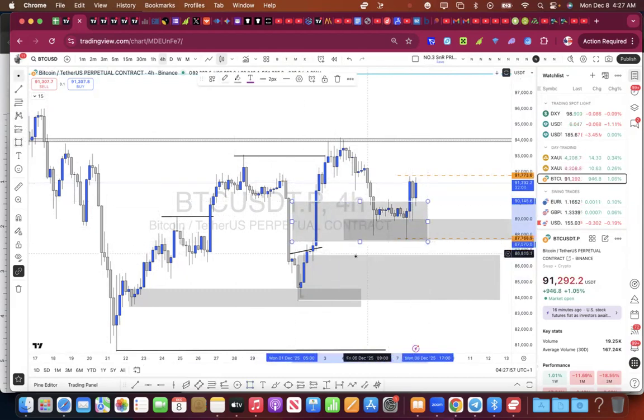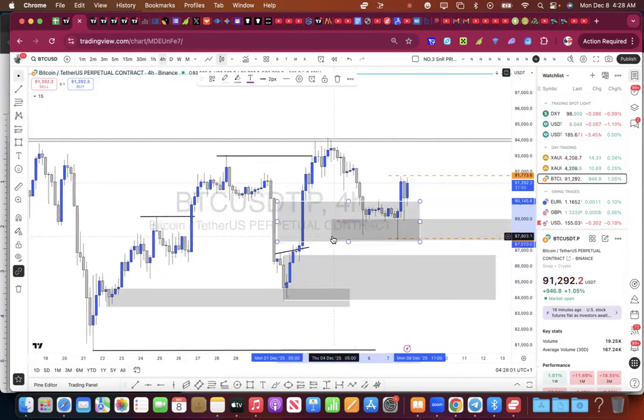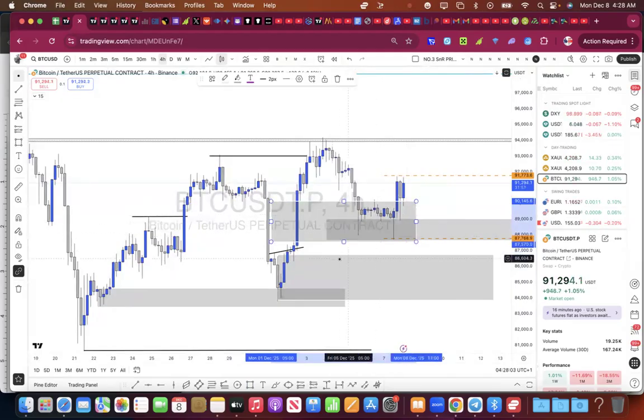So we have this fair value gap that markets will either come to mitigate the order block or react at the fair value gap. That was a very nice one, right?